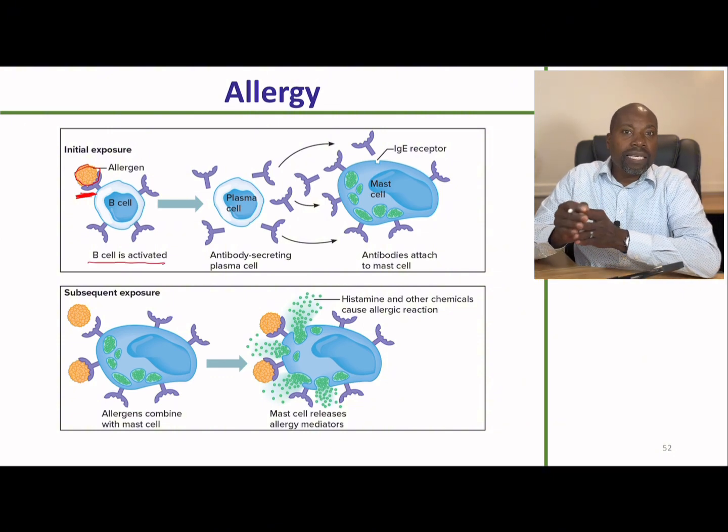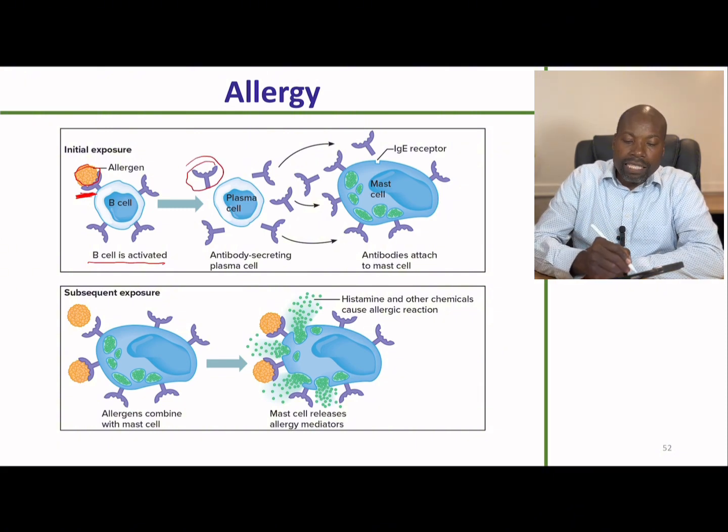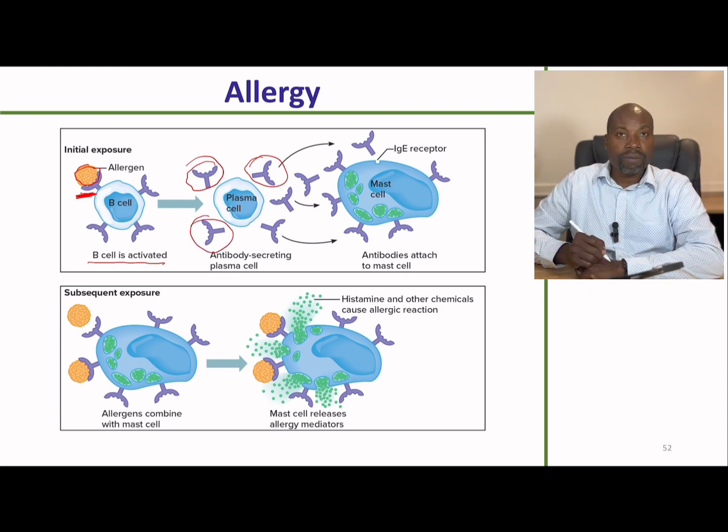Once the B cell is activated, then what? That B cell is going to differentiate into a plasma cell. The plasma cell at that point will do its job, which is to produce antibodies and release these antibodies by secretion, right?